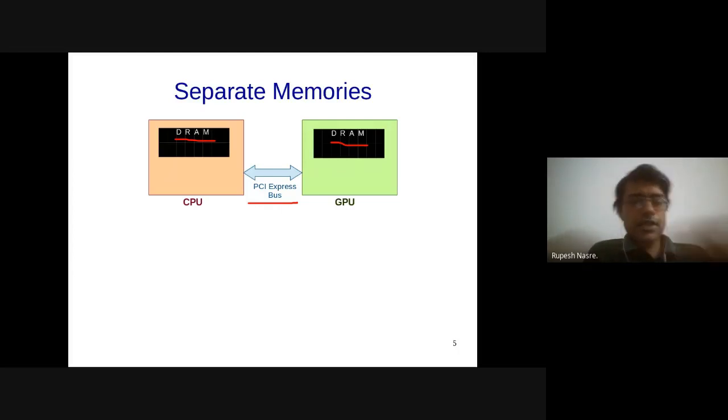All of these are general purpose processing. Right? I want to find out the nth digit in the pi calculation and so on.